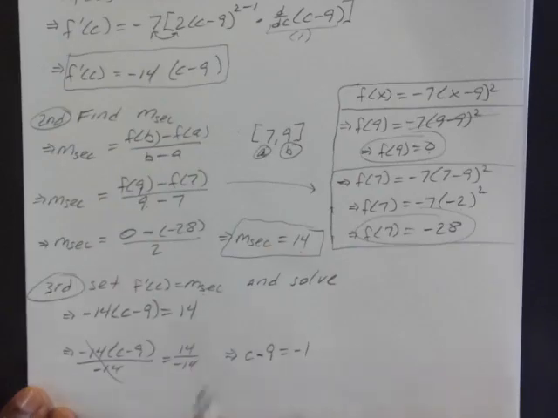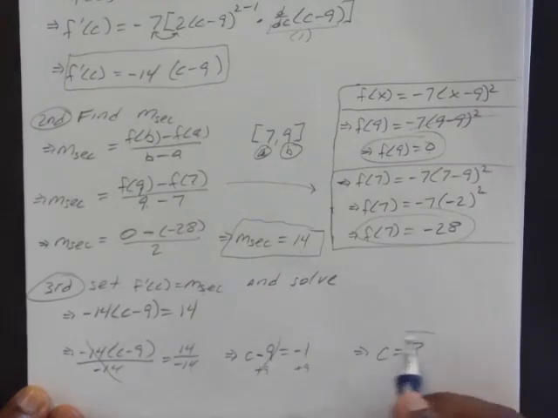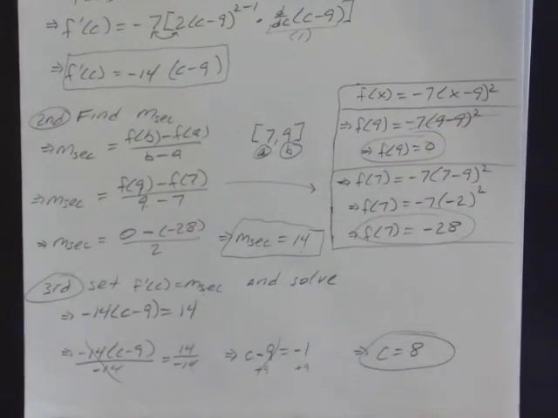So if we add 9 to both sides, those two cancel each other out. So we know that c is equal to negative 1 plus 9, which is 8. So that's the value guaranteed by the mean value theorem, where if we graph the slope of the secant line and we graph f prime of c, we would have the exact same slope value.